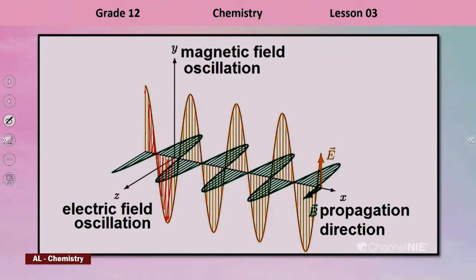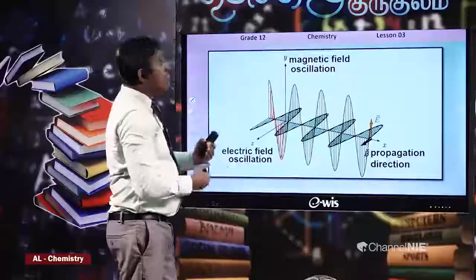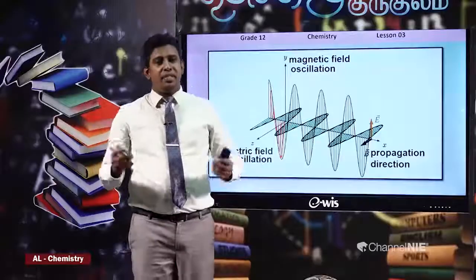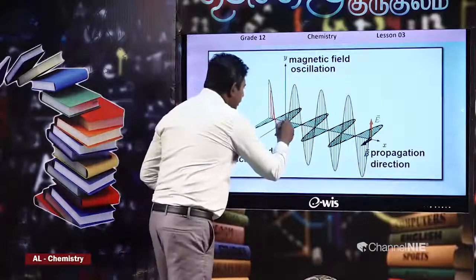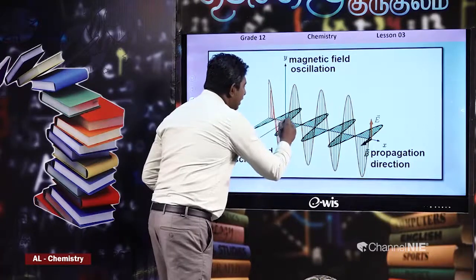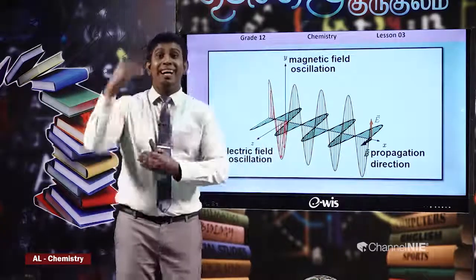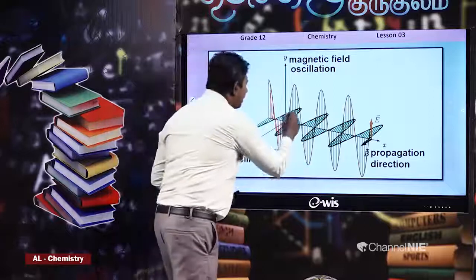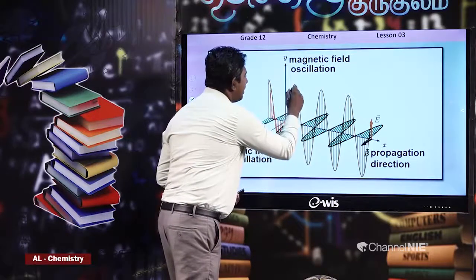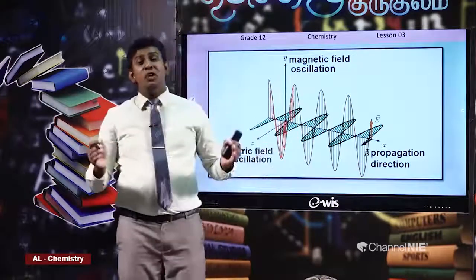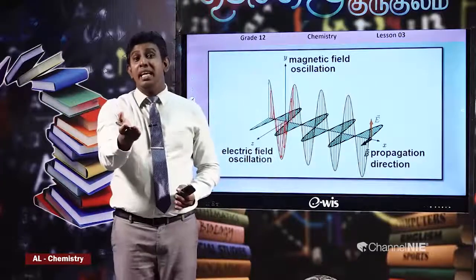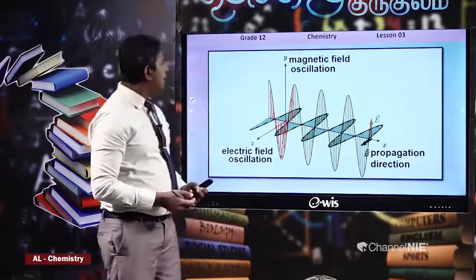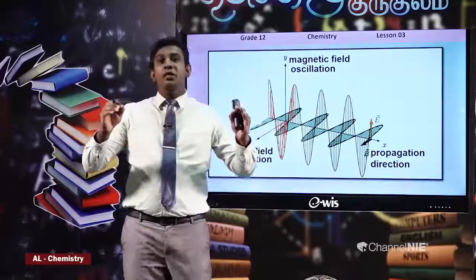It's the magnetic field strength. Then it further decreases and goes to the other side, then again increases. That's what we call oscillation. So you have an oscillating magnetic field.